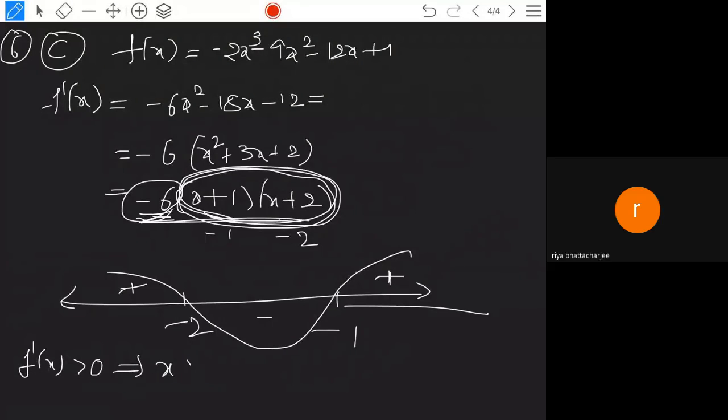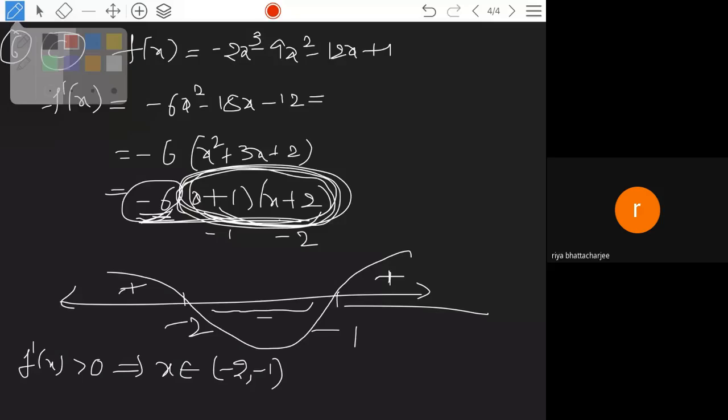Minus 2 to minus 1. In this interval only this expression is negative, but total f dash of x is positive, because minus 6 is there. That you have to note.